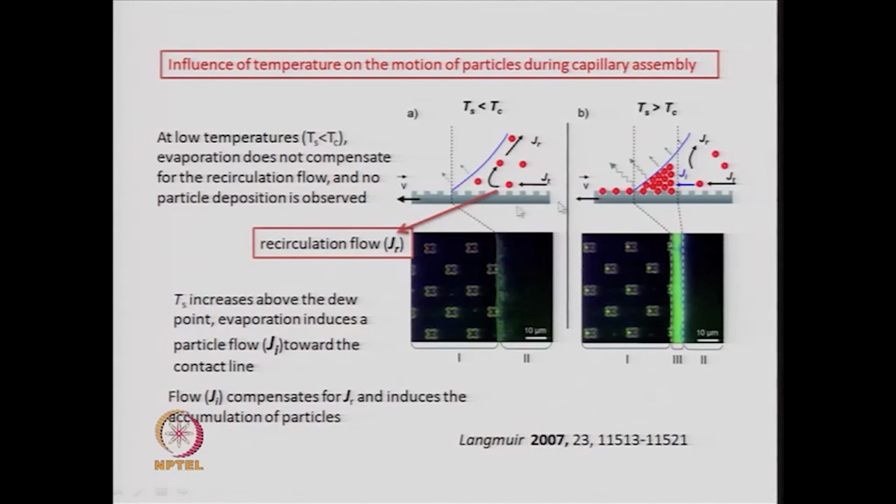Now, when the substrate temperature is less than a particular critical temperature, then evaporation does not compensate for the recirculation flow.